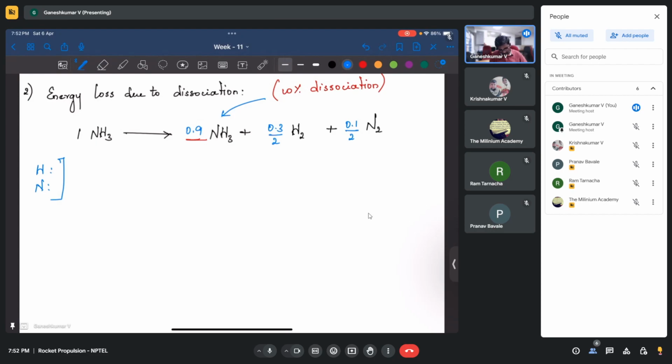Now that you have found this, how do we find the energy loss due to dissociation? We were given the standard heat of formation of NH3 as minus 46 kilojoules per mole. This is the additional value being given.